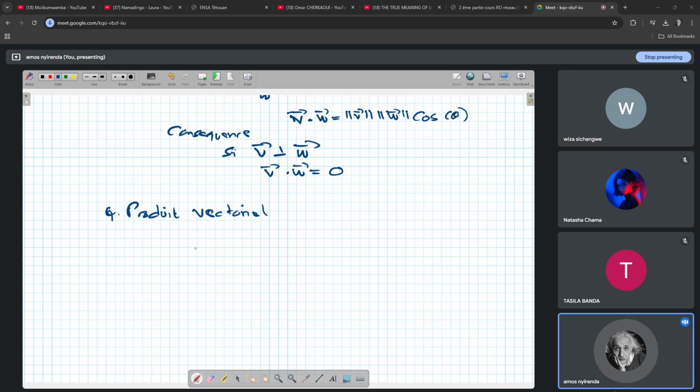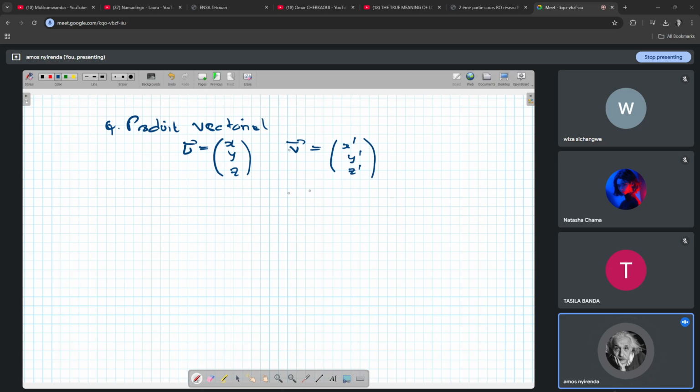Let's choose a simple vector, you can choose whatever you want. So U, with components X, Y, and Z, like so. And then let's give ourselves the vector V with components X prime, Y prime, and Z prime.